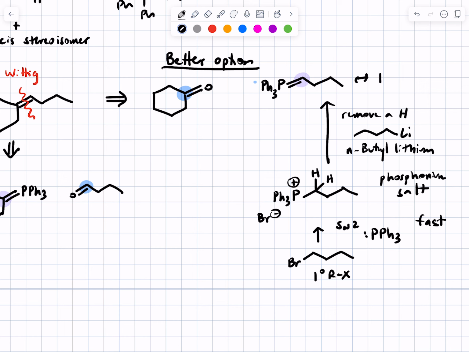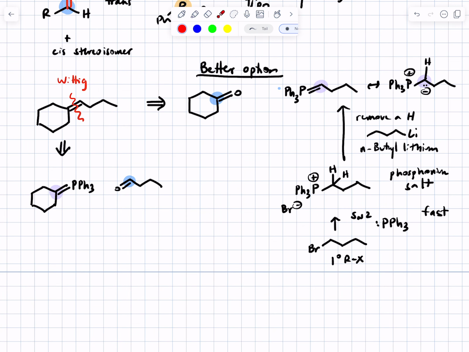And if you're not seeing where that proton gets removed, I'll draw the alternative resonance structure of the Wittig reagent so that you can see it. So the idea is, we don't have time to draw it out, but if you followed this through, making this Wittig reagent would require an SN2 reaction with a secondary alkyl halide, and that's simply less efficient and slower.